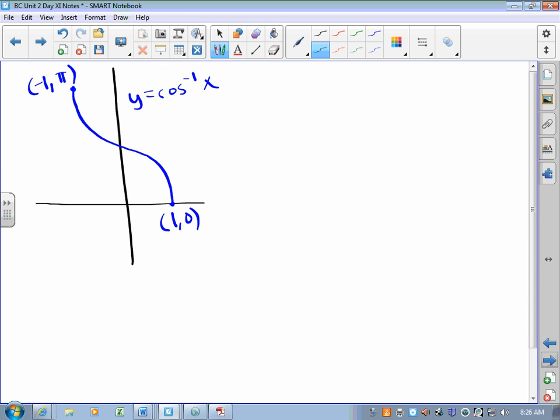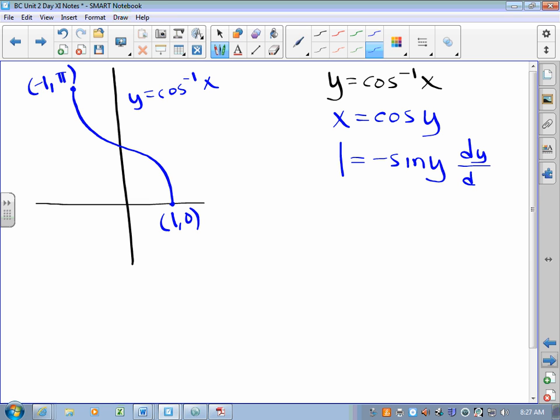So if y is the angle whose cosine is x, then x is the cosine of y. And if x is the cosine of y, then the derivative of x is equal to the derivative of cosine y with respect to x. And we remember that y is a function of x, and if y is a function of x, you've got to put the derivative of y with respect to x right there at the end, which means that the derivative of y with respect to x is 1 over negative sine y.